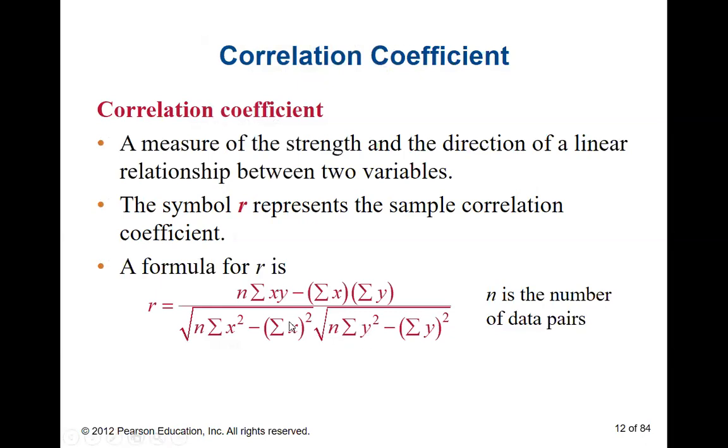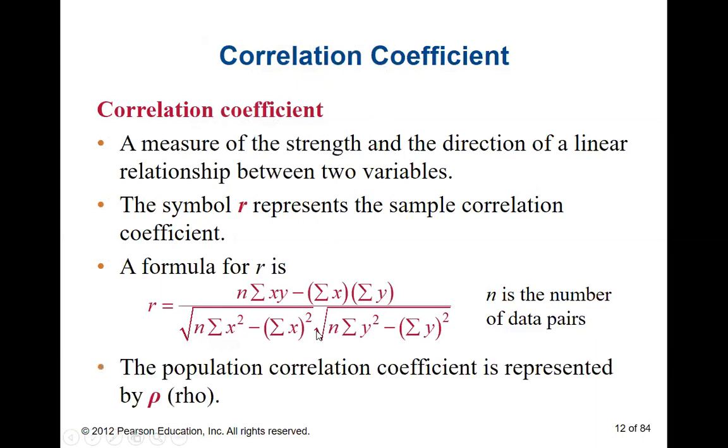And what you'd have to do is first multiply the X and the Y in every ordered pair and then add all those up. So in other words, we'd have to make a new column. We'd have to add up the X's, add up the Y's, multiply those together, and then subtract that from this, and that's just the numerator. And then in the denominator, you've got two square roots with all kinds of stuff you've got to compute underneath. We're going to have fun with this, aren't we?